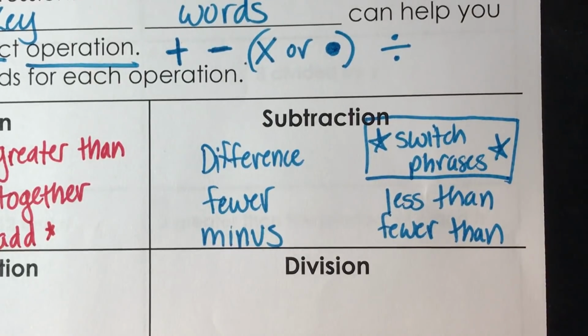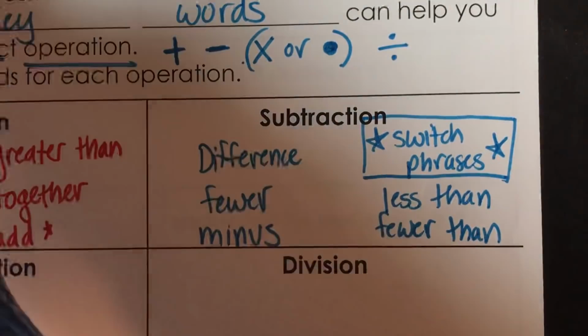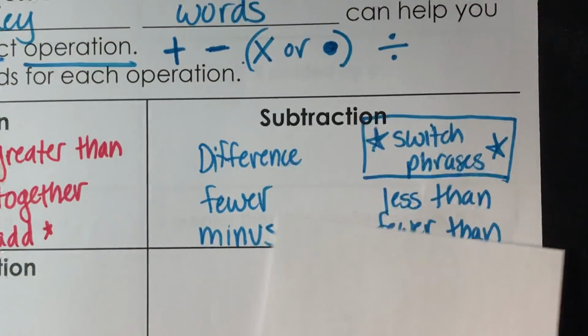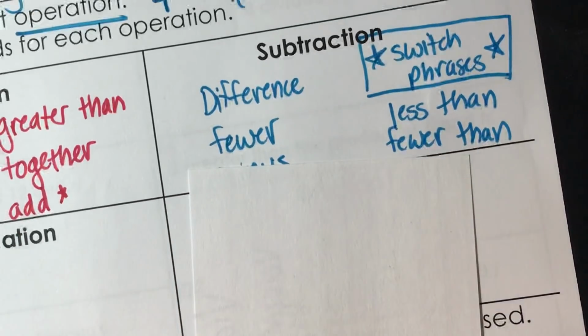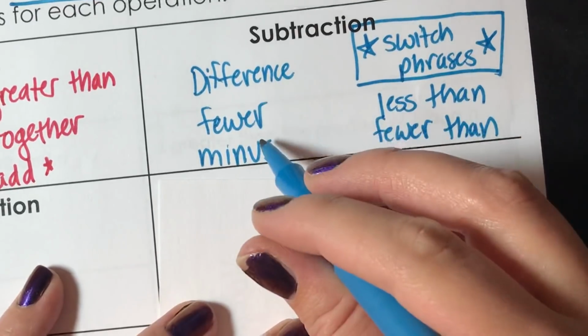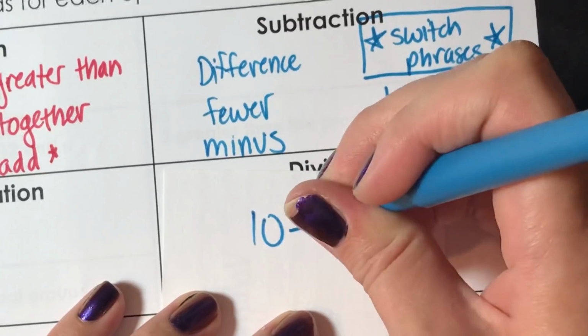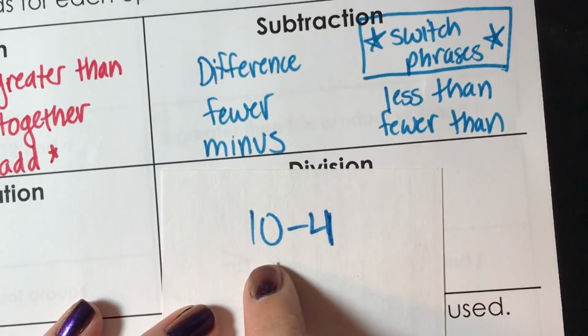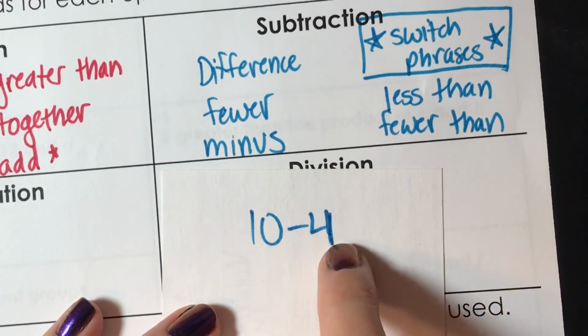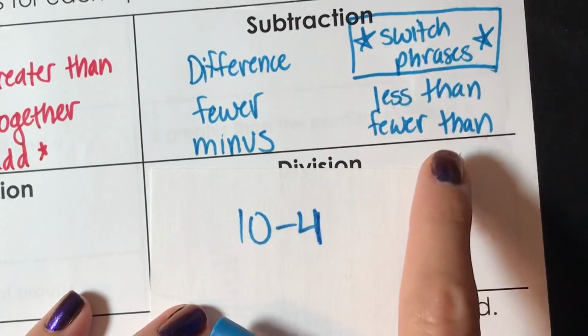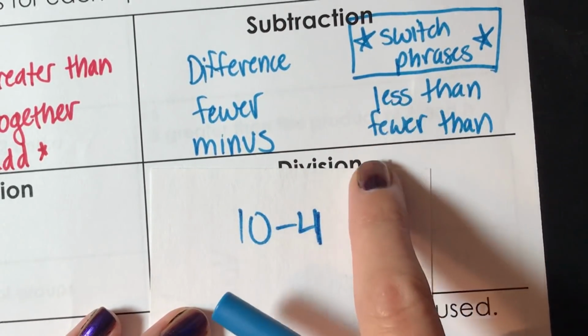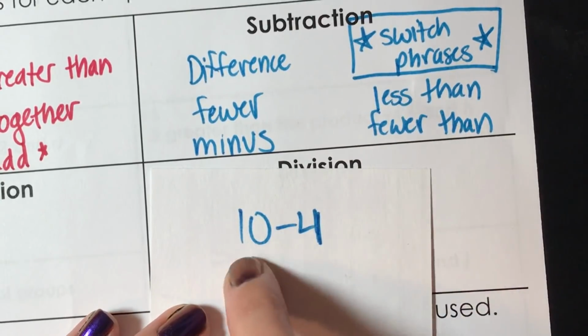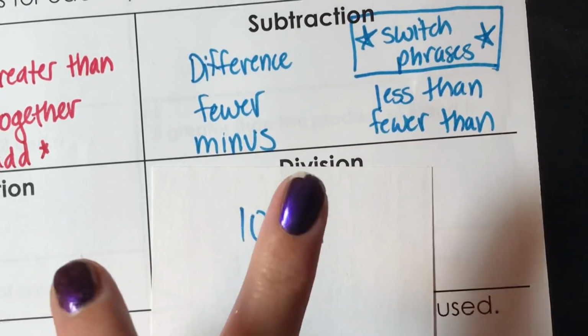But I can show you on my notes really quick. Normally if I say the difference, or let's do minus, if I say 10 minus 4, it looks like this, just the way I spoke it. I said 10 first, 10 minus 4. But with a switch phrase, I can't say 10 less than 4. I need to switch their order.